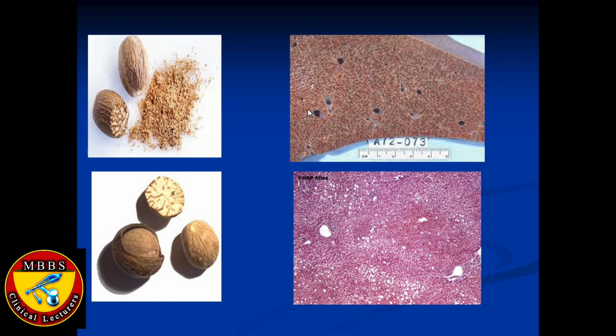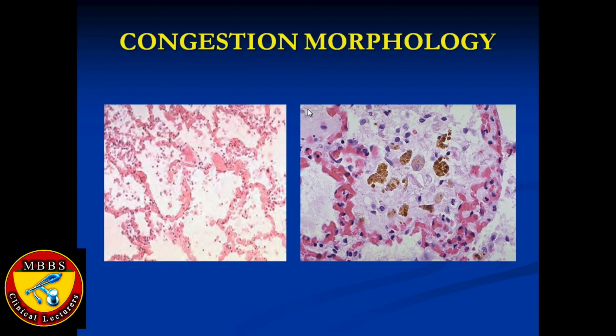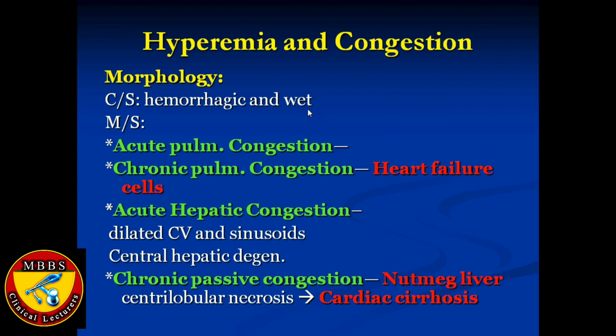Important examples where you encounter congestion are within the lung, where pulmonary congestion might be acute or chronic, and heart failure cells may be encountered in chronic pulmonary congestion, and these situations may be encountered in cases of left ventricular failure or left-sided cardiac failure.